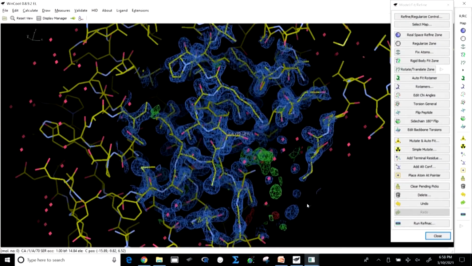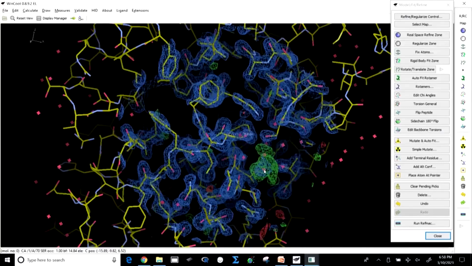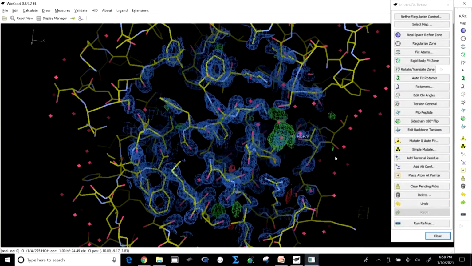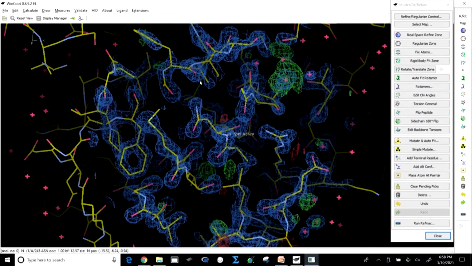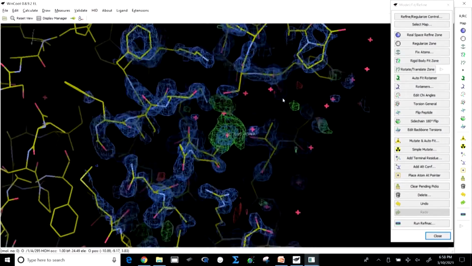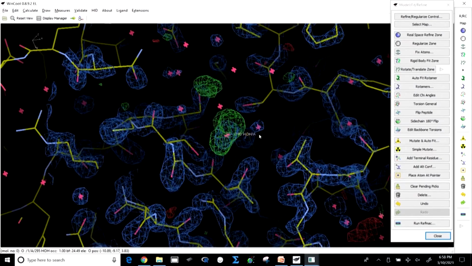Also, you could find a mistake made by a crystallographer by looking at the map. Before that, you have to know about the map. The map is colored in such a way that when the electron density is there and the atomic model is correctly built up, they color it blue. When somewhere there is actually existence of electron density, but you did not model it correctly, you will get green.